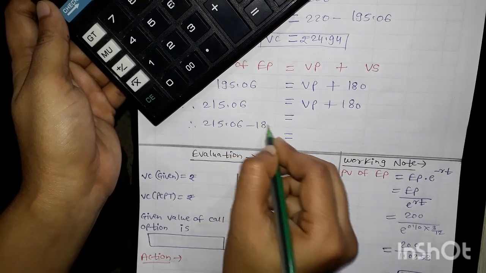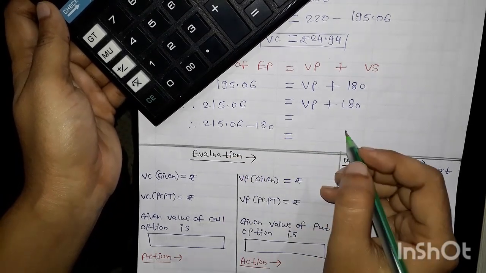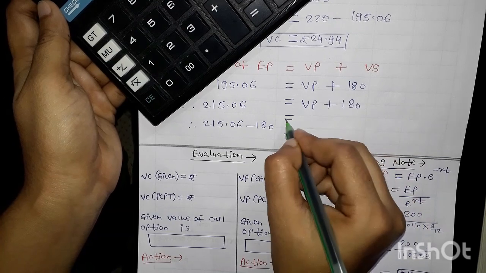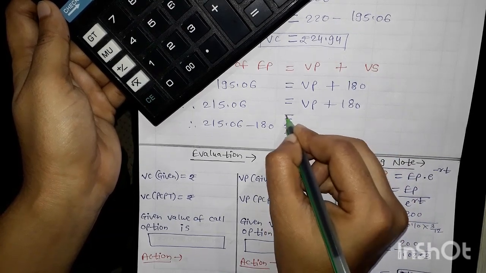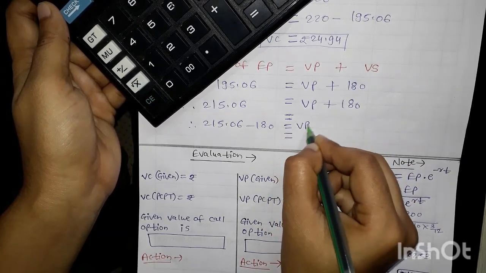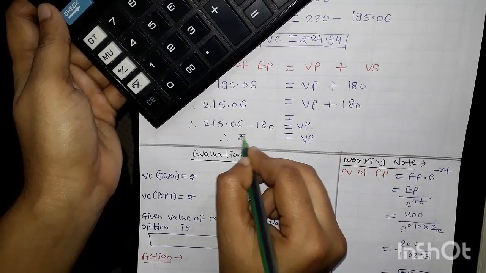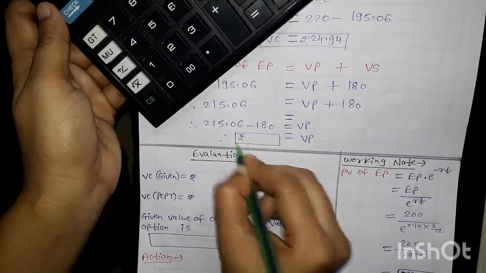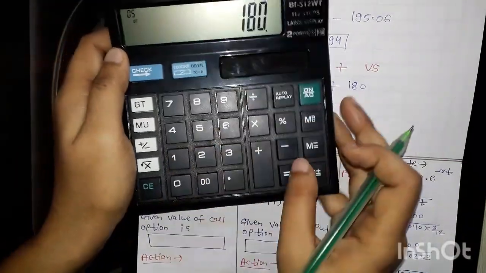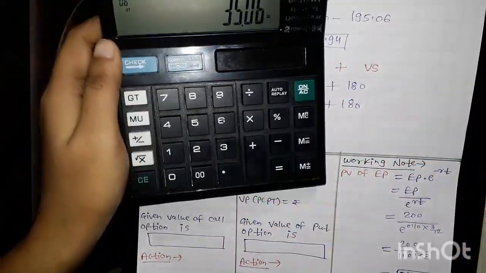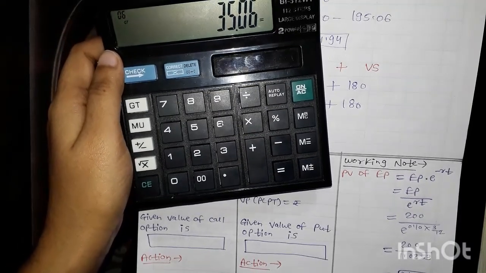Minus 180, this should be here, is equal to the value of a put. So finally I am going to get the value of a put, 215.06 minus 180, which is 35.06.